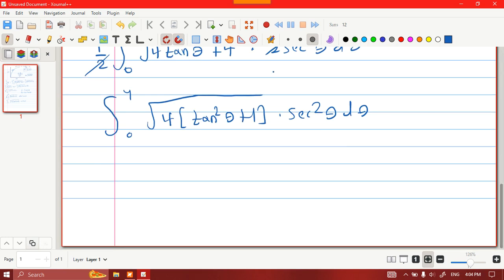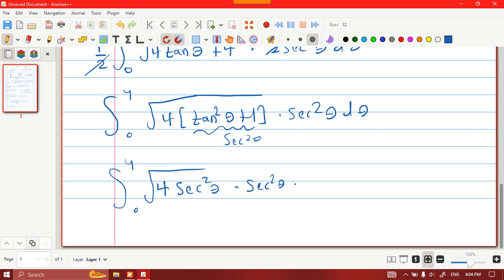Solving this part will become secant squared theta, so the integral of 4 times secant squared theta times secant squared theta d theta, from 0 to 4. Take the square root of this expression, which will leave 2 outside. Secant squared theta will be secant theta, times secant squared theta will yield secant cubed theta d theta.